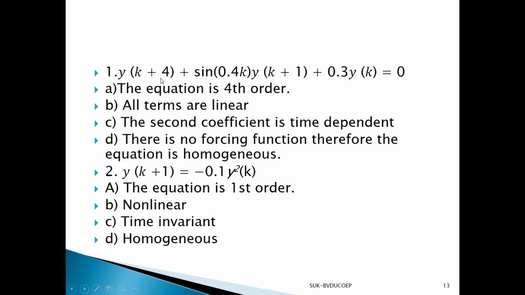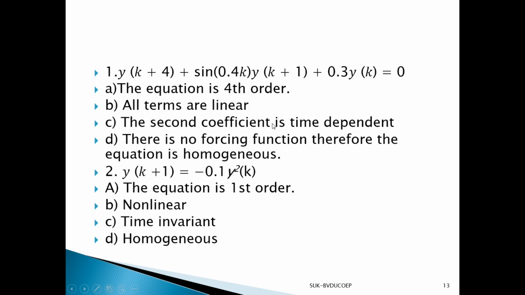So this is y(k+4) + sine(0.4k) y(k+1) + 3y(k). This is the highest shift, a pulse at the k plus 4 instant, so the equation is of fourth order. Now all terms are linear. There is no non-linear term.